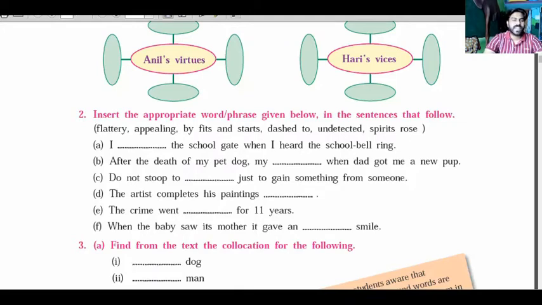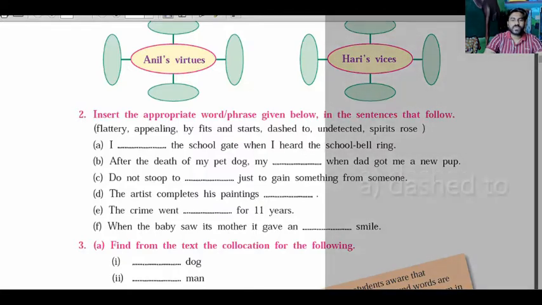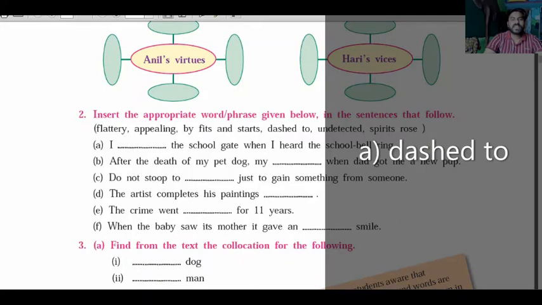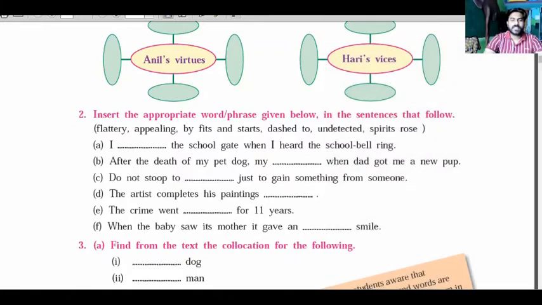First, A: I dash dash the school gate when I heard the school bell ring. There we have to write dashed to. This phrase we have to put into the first blank place.